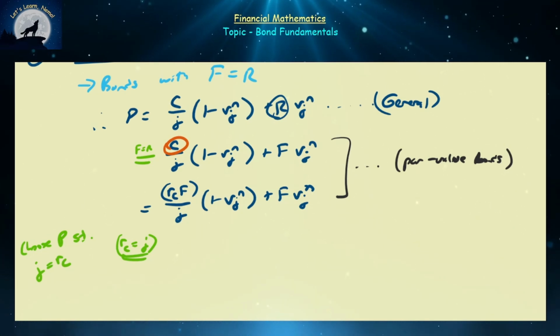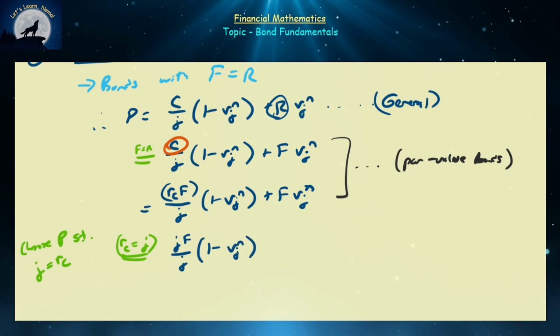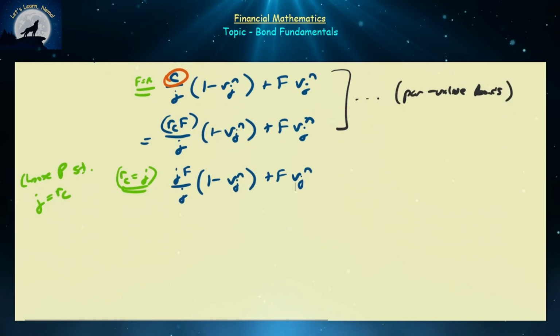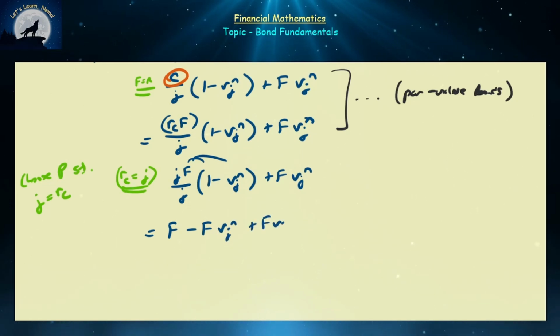So when you do that, a lot of simplification actually happens. So that's just going to be JF all over J, 1 minus nu J to the power of n, plus F nu J to the power of n. And notice that those J's will cancel, so let's actually distribute that F. So we're going to have F minus F nu J to the n plus F nu J to the n.